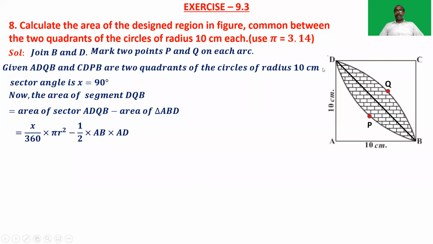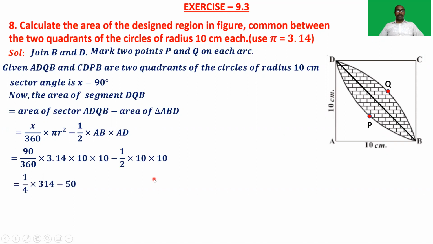Now the area of segment DQB is equal to the area of sector ADQB minus the area of triangle ABD. The area of sector ADQB is x by 360 into pi r square, and the area of triangle ABD is half into AB into AD. Now substitute the values: x is 90 degrees, pi is 3.14, the radius of the circle is 10, AB is 10, AD is 10.